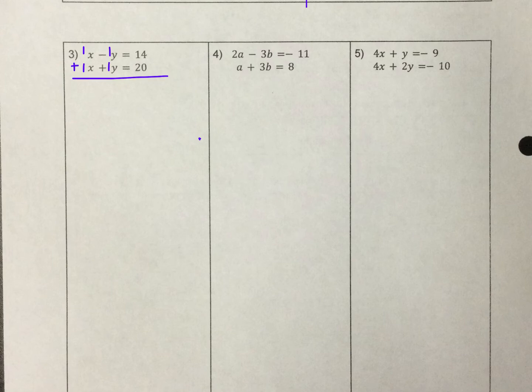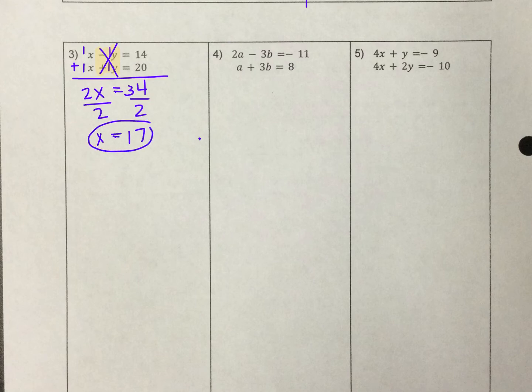Okay, the x's are the same, and they're both positive, but the y is -1 and +1. So that's great, because they're going to automatically mark out. So I'm going to say 2x, 1 plus 1, equals 34. Divide by 2. And x equals 17.